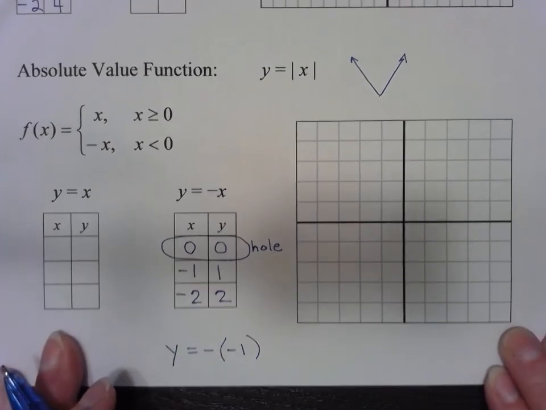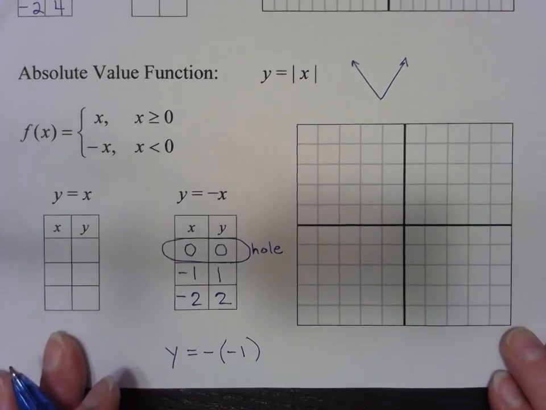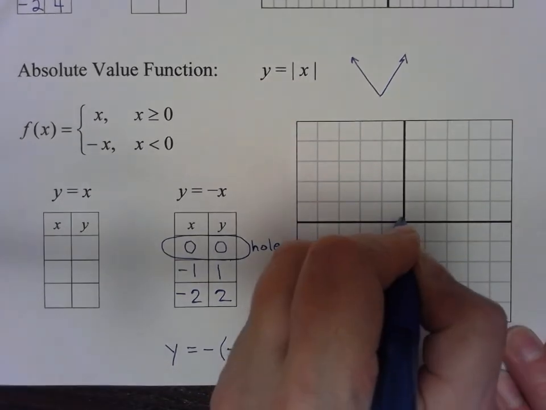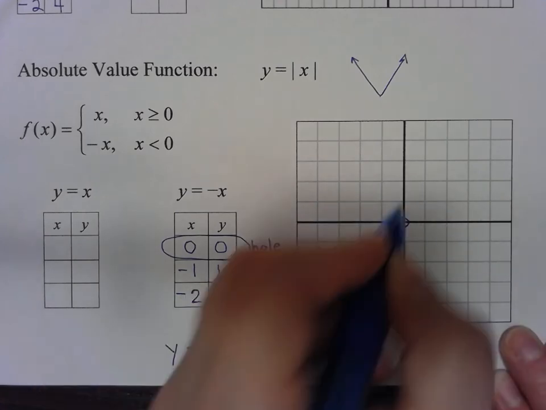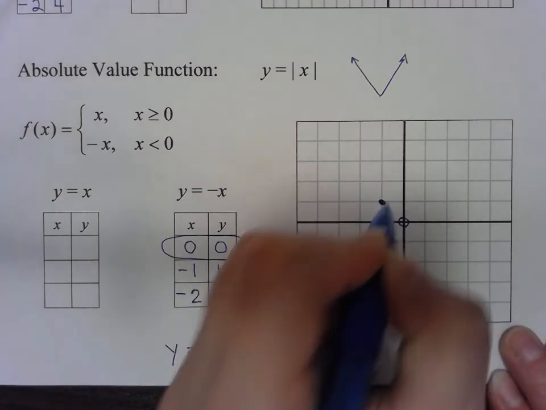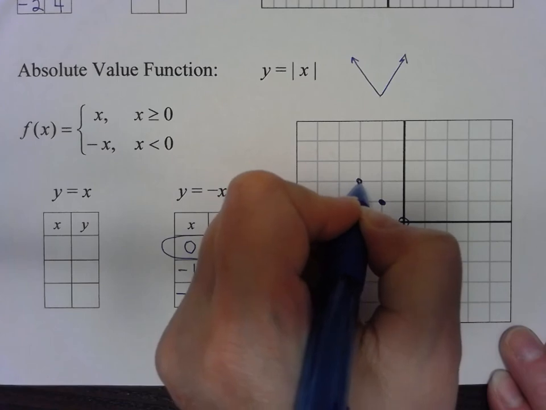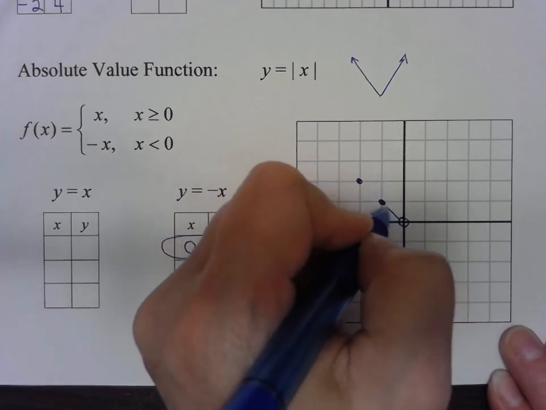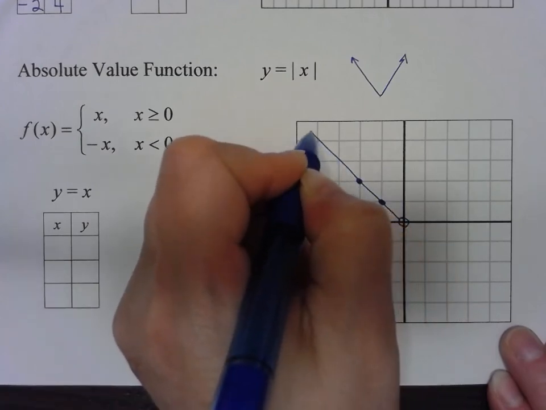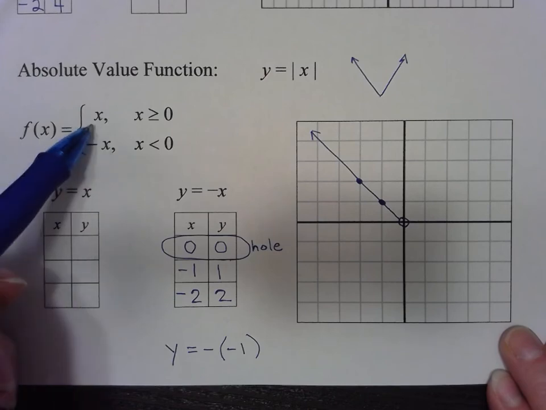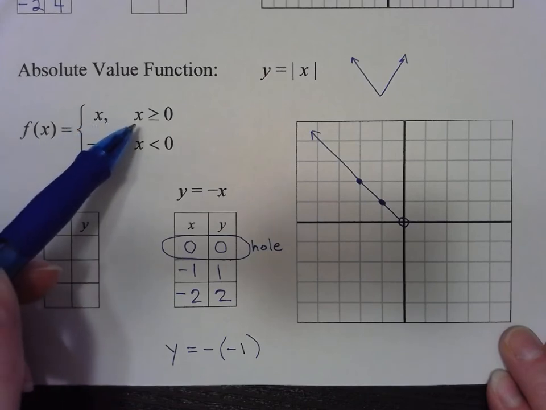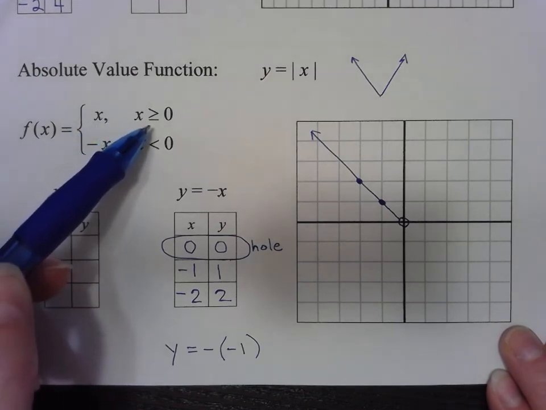So let's draw a picture of that. I'd have an open circle at (0, 0). Then I have a point at (-1, 1) and at (-2, 2). And so this second part of the function gives me the left-hand side of my V. For the first part, now I'm going to choose x values that are greater than or equal to 0.